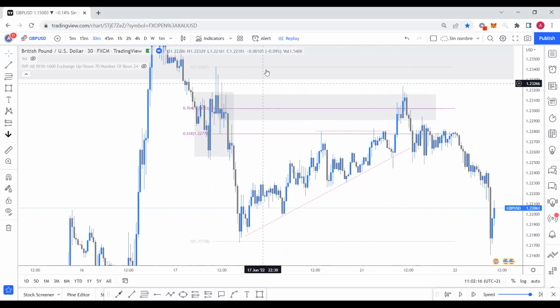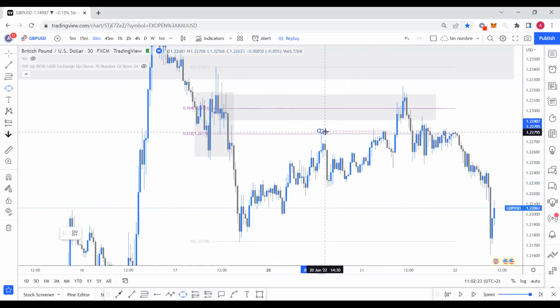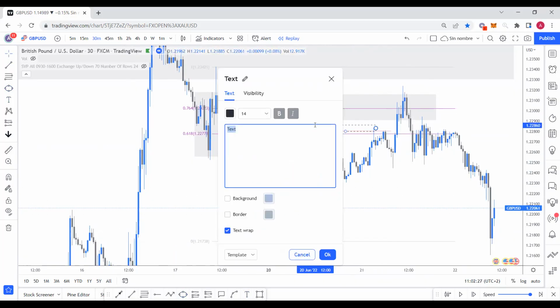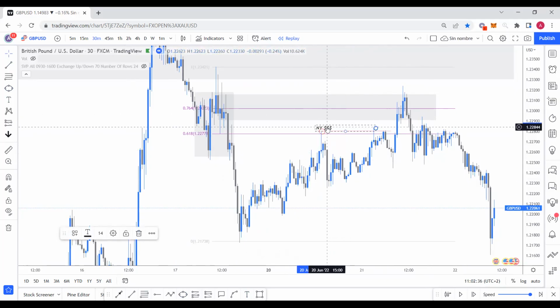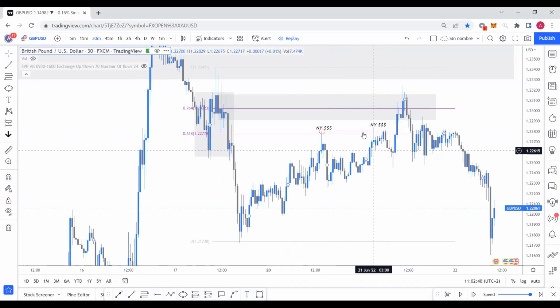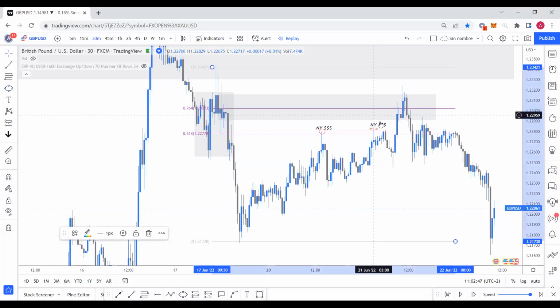As you saw yesterday, I marked out on my chart one which was NY liquidity, and in this case, this is Asia liquidity.